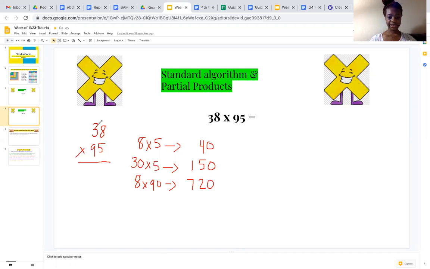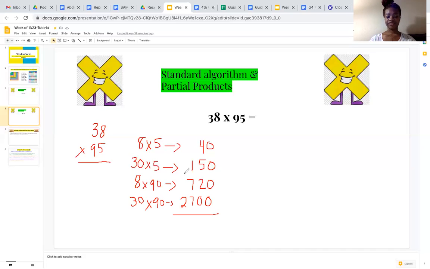And finally, in the tens place, we're working with 90 times 30, or 30 times 90. The value does not change. 30 times 90, and that gives us 2,700. So here are our four partial products.